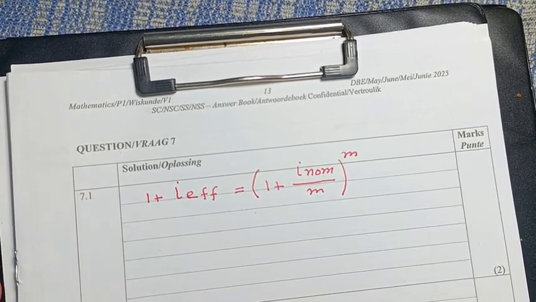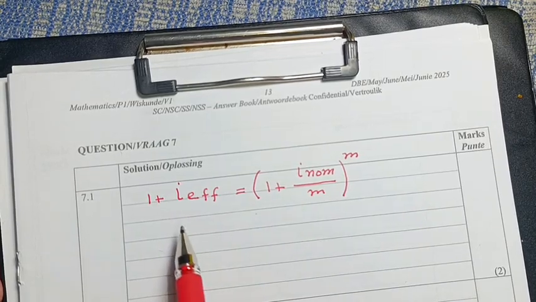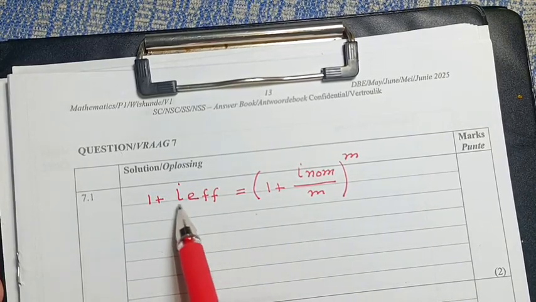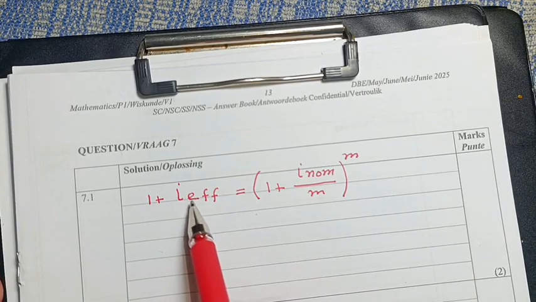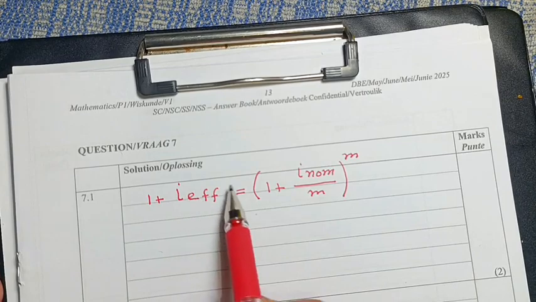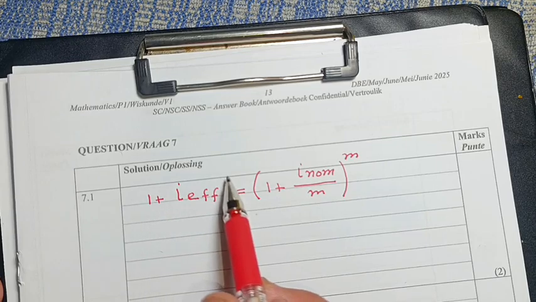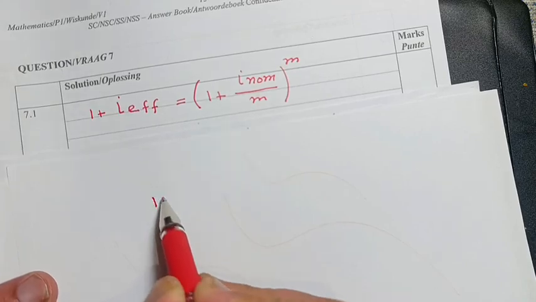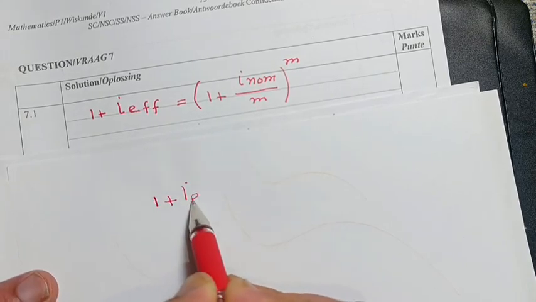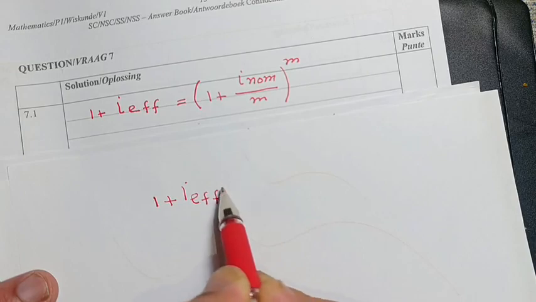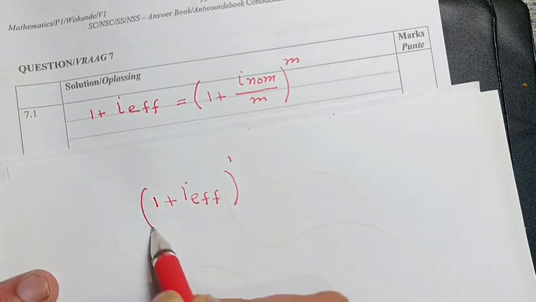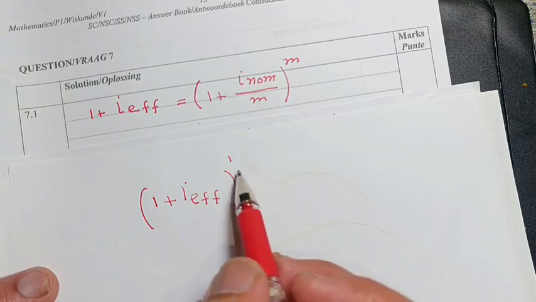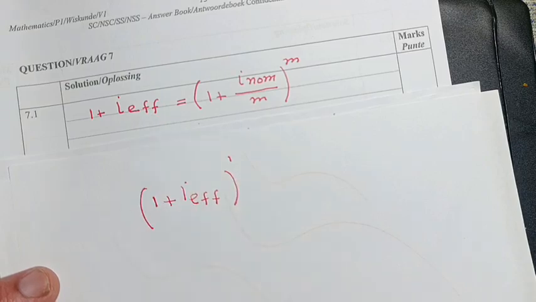Because 1 plus i effective is always annual, the power is 1, so we don't write the power 1. We leave it just like this.